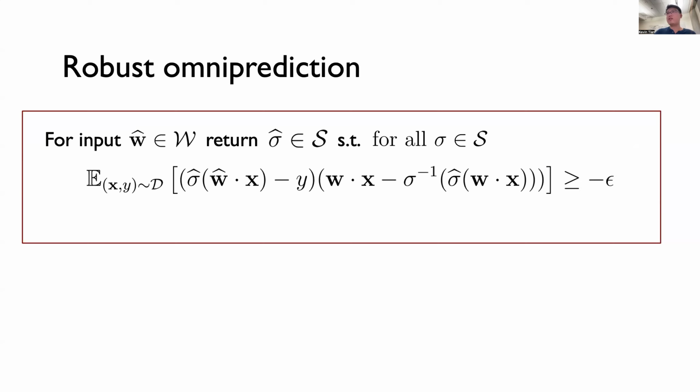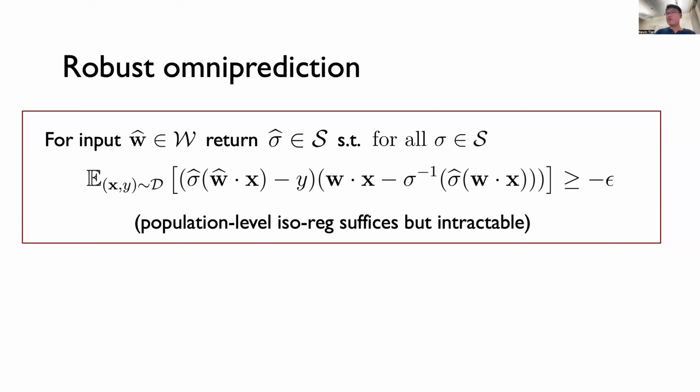So our goal is to find a sigma hat from samples that approximately solves the curve fitting problem. And one thing to note is that if we had outputted the population level isotonic regression solution, that would have sufficed with a bound of 0 on the right-hand side, but of course that's intractable from finite samples.